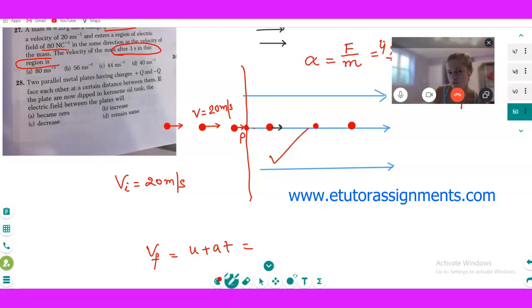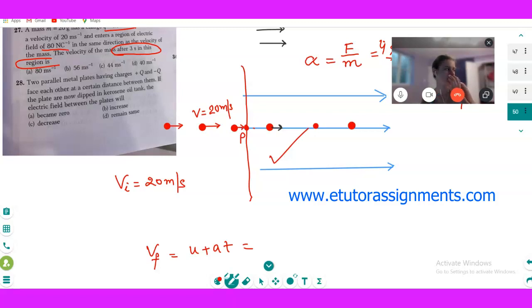What is this kerosene oil? It is just like a medium. Like in air it is there, now water or kerosene oil or petrol. Is it like liquid petrol? Is the charge going to go through, or is it going to slow down?